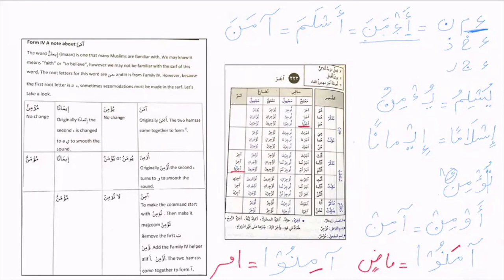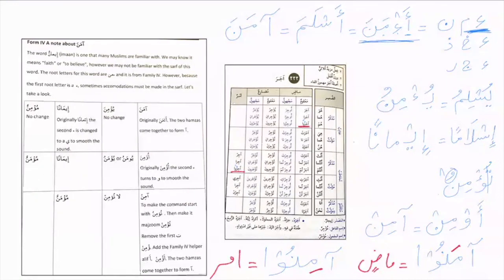Yeah. So now amana. So in amana, we have hamza, mim, and noon as the root letters. And I was saying that whenever we have a root letter like hamza in the beginning, and it comes to family 4, then we need to make some changes. Because when I bring this hamza, mim, noon to family 4, it will become a'mana, right?